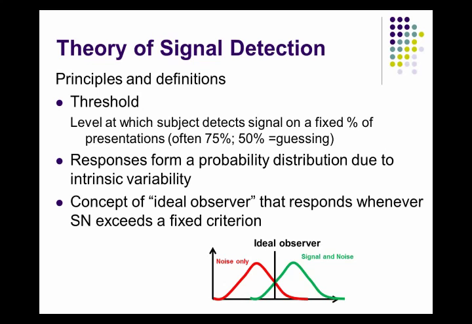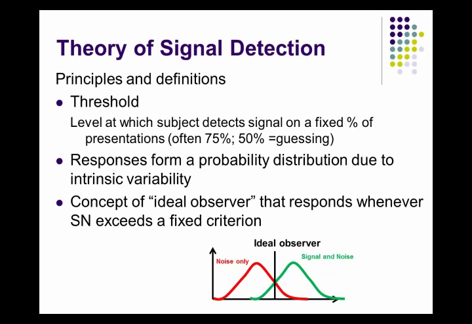If you're guessing between two signals, you've got 50%. That's obvious. So you want to be above 50% for threshold. To say your threshold is 50% doesn't make sense, because you get 50% by guessing. So quite often we take a value of around 75%, so you need to be correct in 3 out of 4 cases. And that's what we call the threshold of detection.